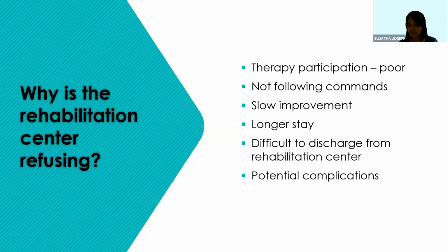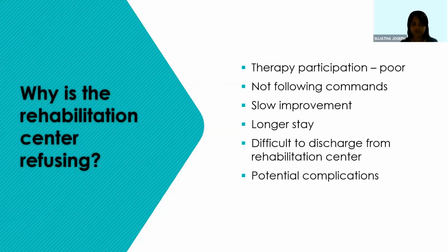And the other problem is if patient's condition does not improve, even with therapy, where are they going to discharge the patient? So it's going to take a lot of time and energy from their point of view. And the patient's potential complication is high. So these are the reasons for the rehabilitation center itself to refuse taking him.